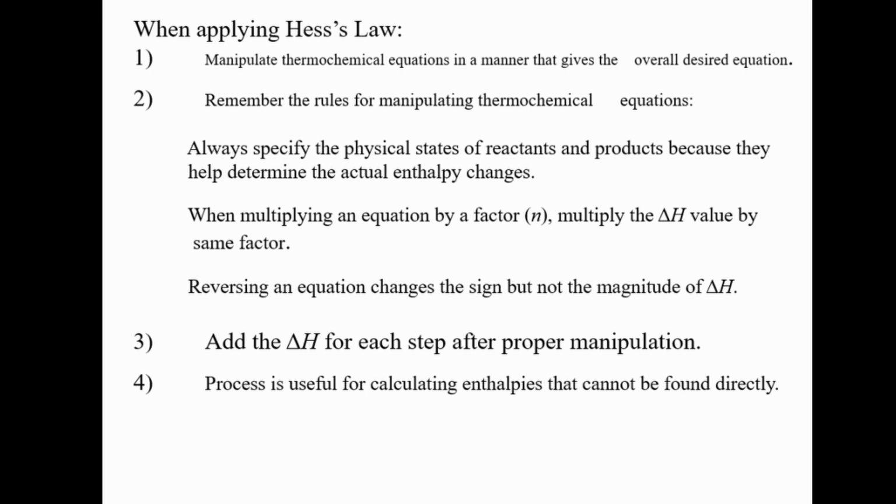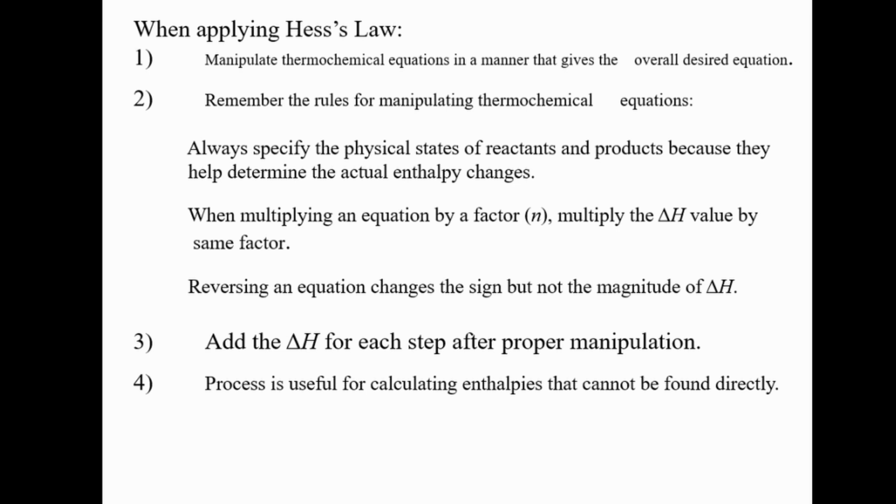There's probably a couple things we haven't seen. Manipulating thermochemical equations in a manner that gives the overall desired equation. Remember the rules for manipulating thermochemical equations. Always specify the physical states of the reactants and products because they help determine the actual enthalpy change. When multiplying an equation by a factor n, multiply the change in enthalpy by that same factor.